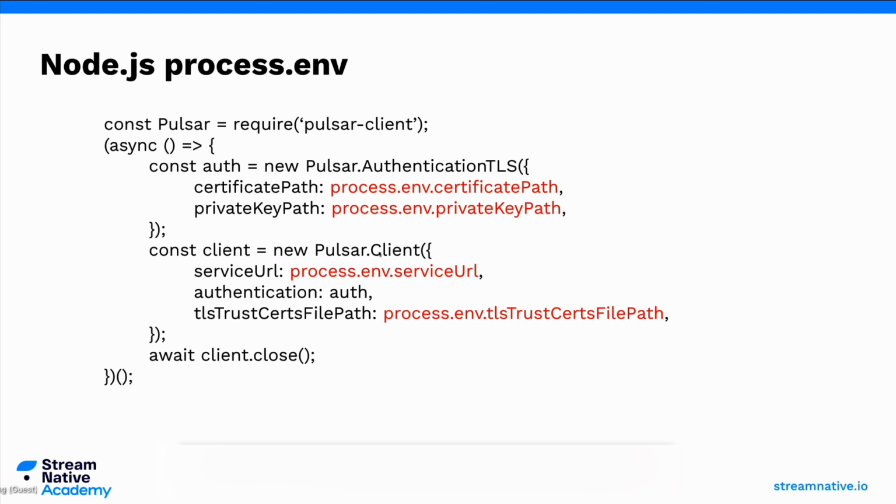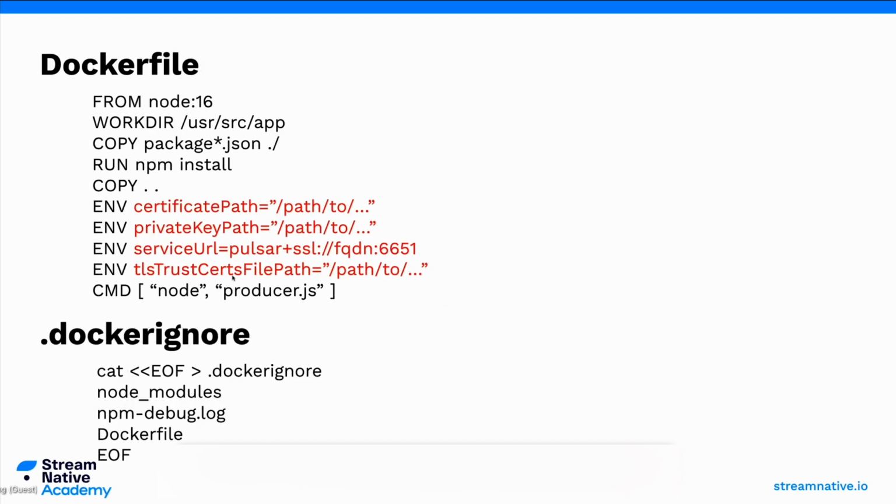It's easy, just make it an environment variable. Then in your Dockerfile, use ENV to specify the environment.